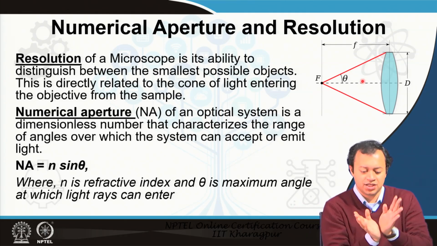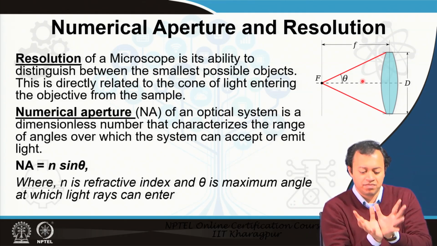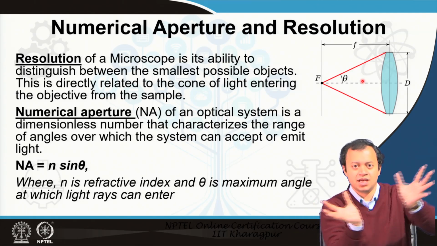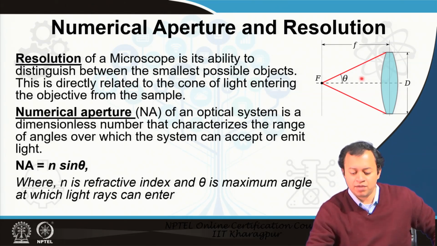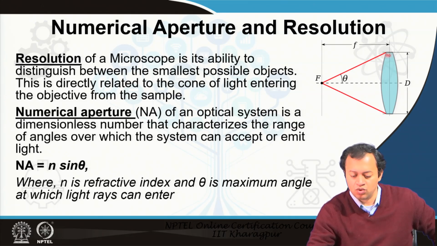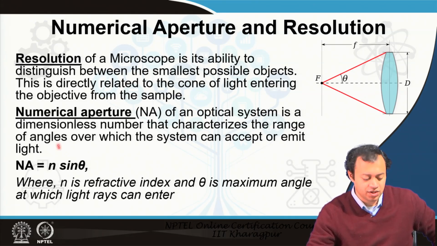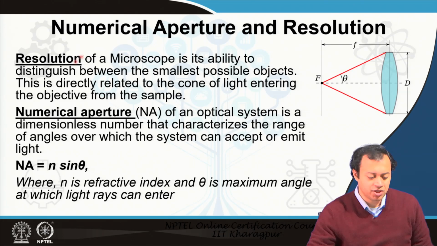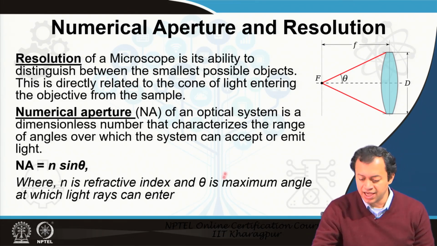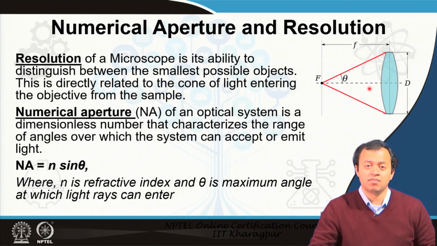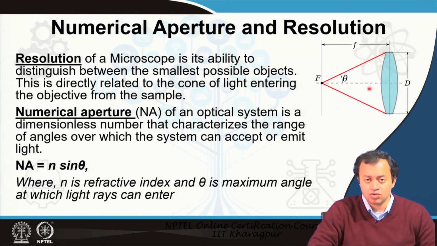You have a source of light emitting in this direction, and you have a lens. The maximum capacity of the lens to take this cone, which part goes inside, gives rise to numerical aperture. Numerical aperture and resolution are quite related to one another, and obviously how much light you can accept determines the overall quality, resolution and property of the image that you are seeing.